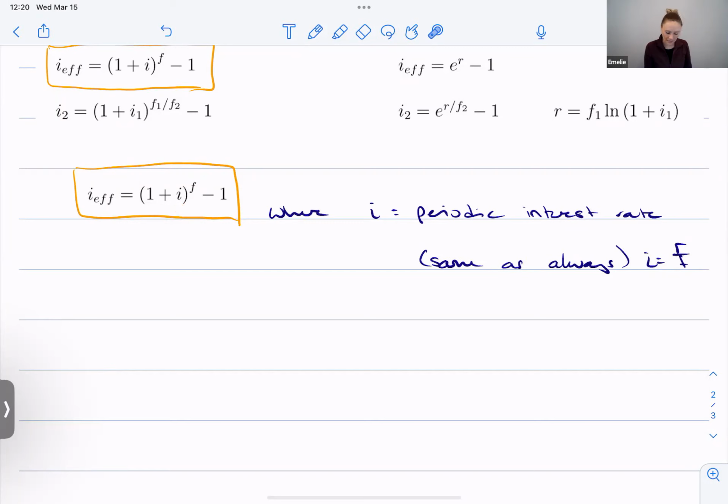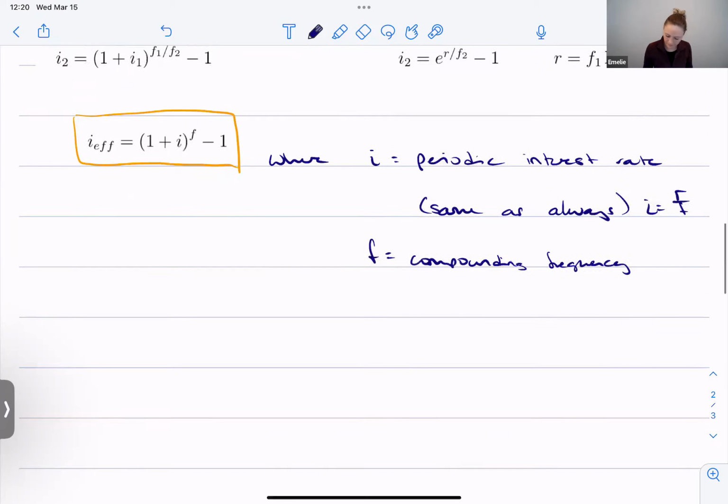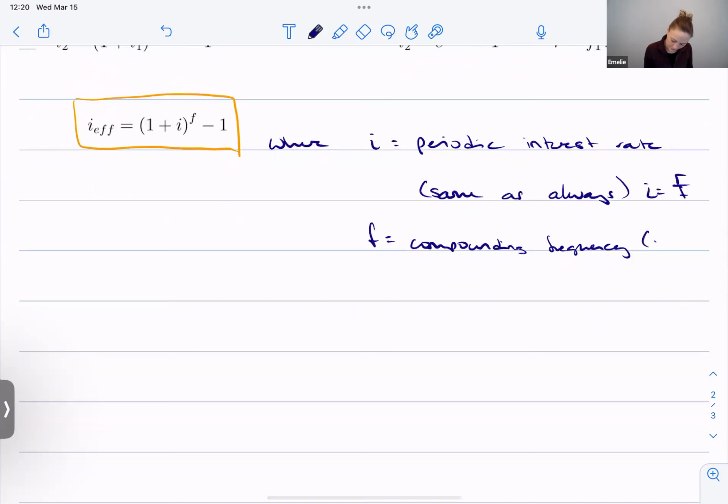F is going to be the compounding frequency. So it's the same F as before. The rest of the values here are really just ones. 1 plus I to the power of F and then minus 1 is the effective interest rate.